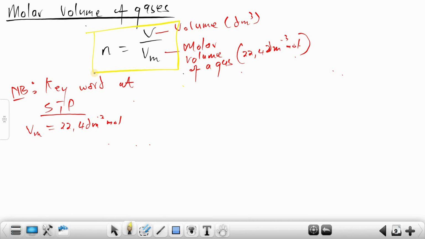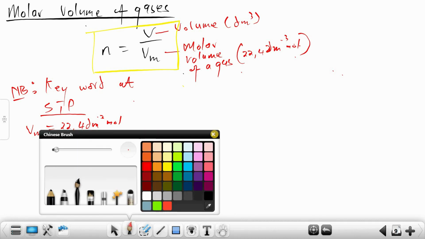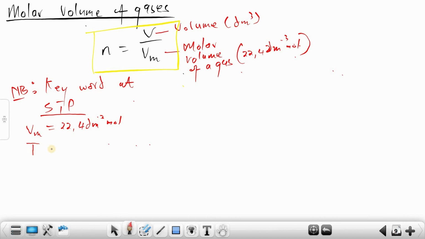The other value that I need to know at STP is the temperature, T, which must be equal to 273 kelvin. Just want to confirm quickly, but it must be that. So these are two key pieces of information I need once the examiner says it is at STP.